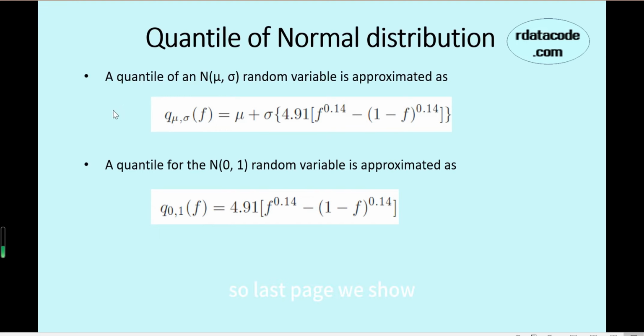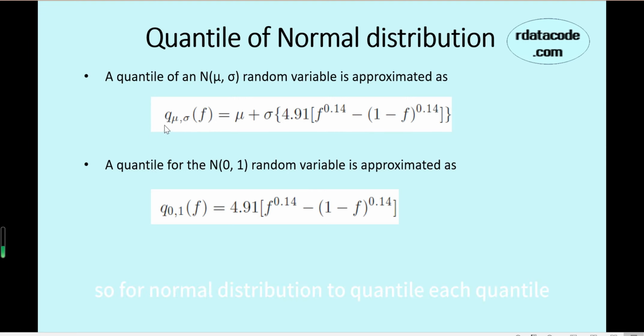On the last page we showed the quantile of a random sample, and on this page we will show the quantile of a normal distribution. If it is an exactly normal distributed random sample, we have to calculate the quantile value with the mu and sigma of the normal distribution.